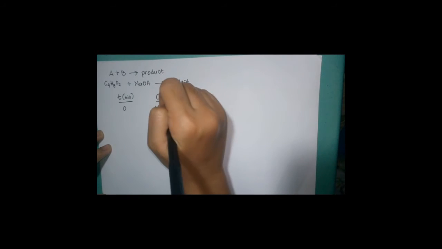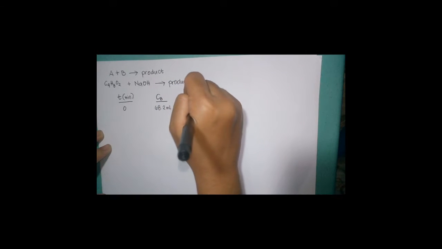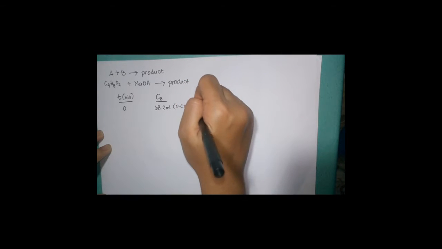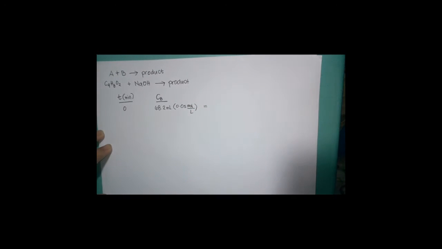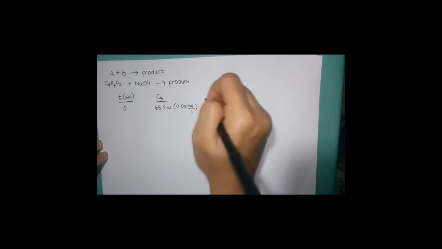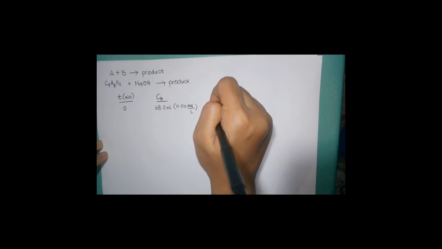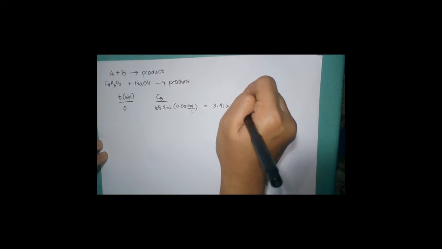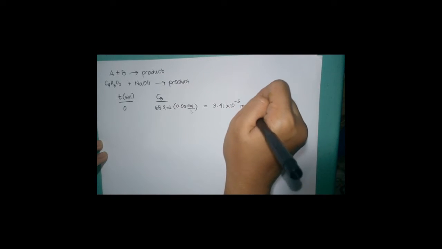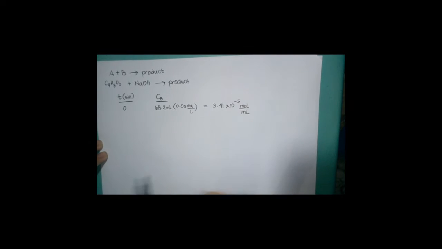So we have 68.2 ml of 0.05 mole per liter acid, which will give 3.41 times 10 to the negative 5 mole per ml CB.